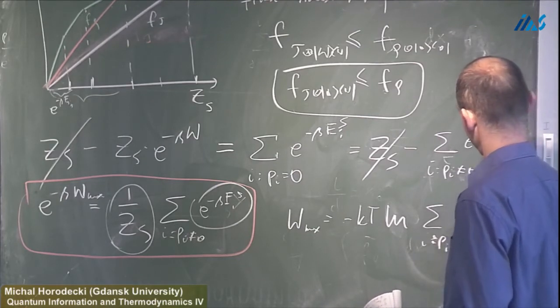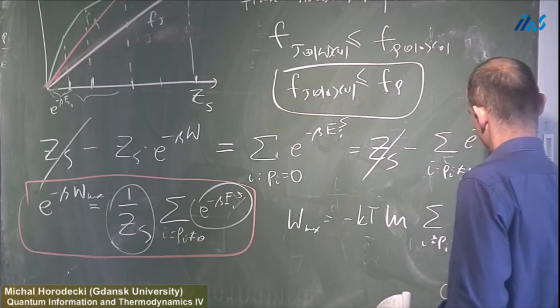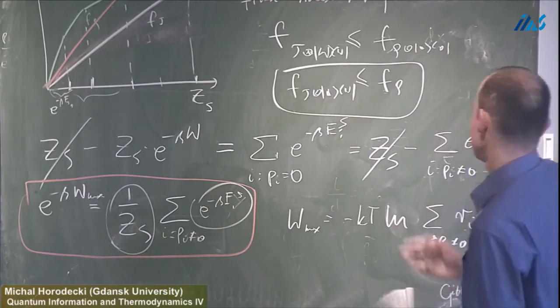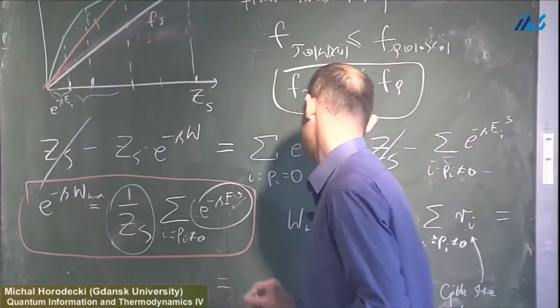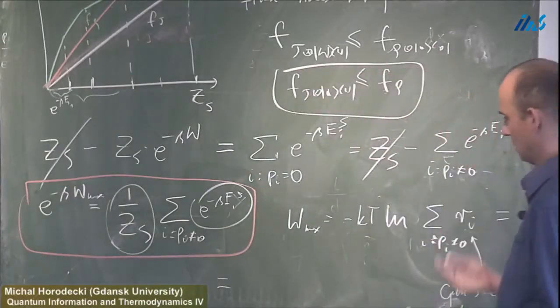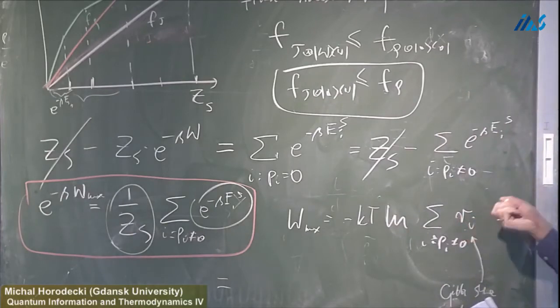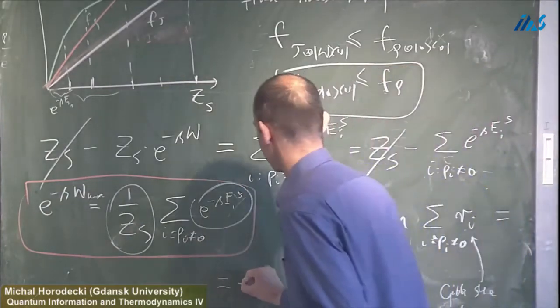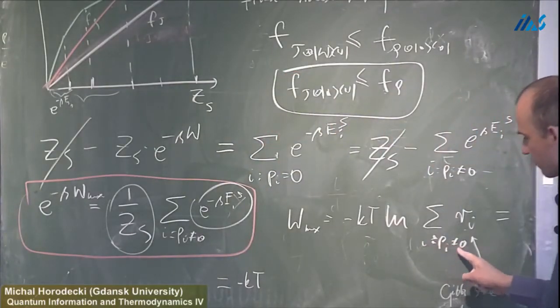So this is the Gibbs state probability. Well, and then everything is a matter of naming it. So people named this thing the mean relative entropy. You see that these are only those i's for which the state is different than 0.